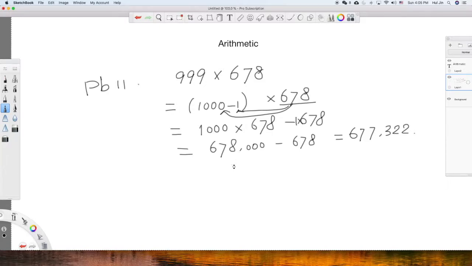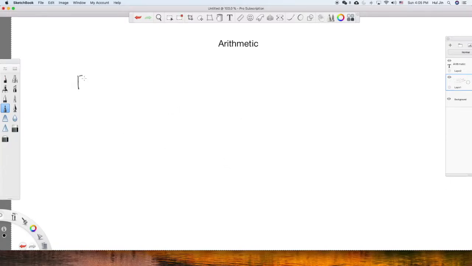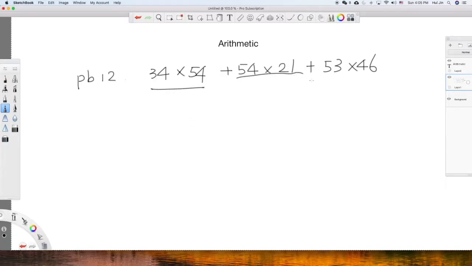All right, so the distributive law can actually go both ways. And the last question, of course, is the most difficult one. It involves several steps: 34 times 54 plus 54 times 21 plus 53 times 46. You look at it, you see the first two terms have a common factor and the last one does not.